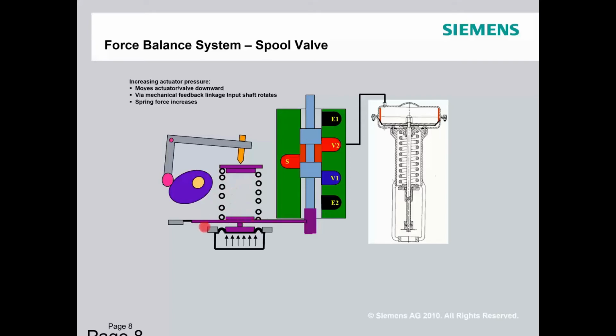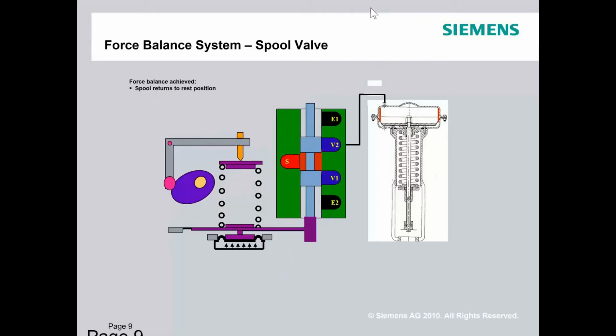And that's going to start pushing back against this arm, which is going to start moving our spool valve shuttle in the opposite direction. Once we get to the actual set point that we want with our control valve, which would be here, we've reached equilibrium within our control valve. Our valve is in the position being called for, and everything is back to a steady state position where our spool valve is back to its normal state.